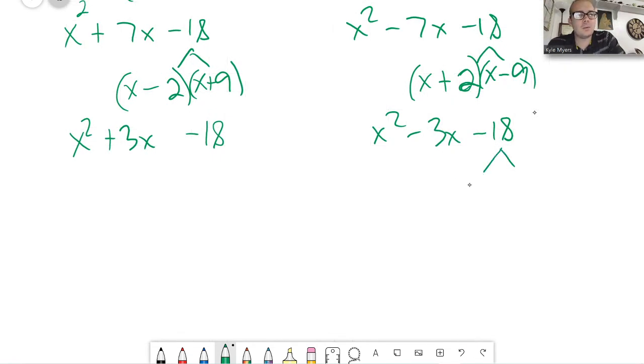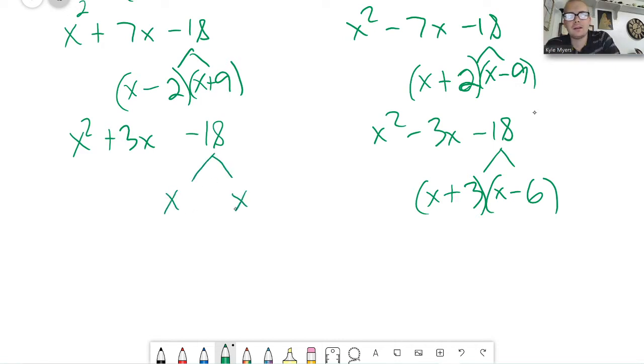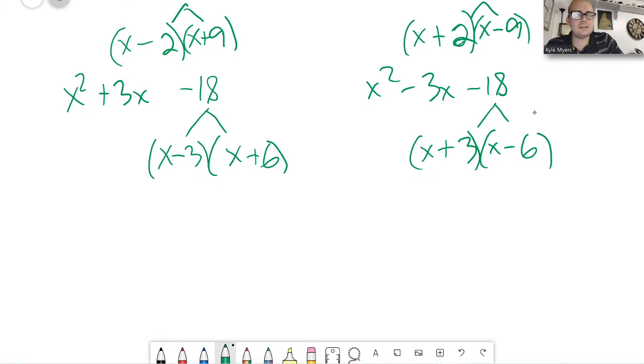Again, this would be 3 and 6, factors of 3 and 6 to give me 3. So this would be plus, and this would be minus. All right, you can kind of maybe see a pattern. This is going to be a plus, this is going to be a minus. Ta-da! And 18 does not have any other factors because 18 does not divide by 4 or 5.